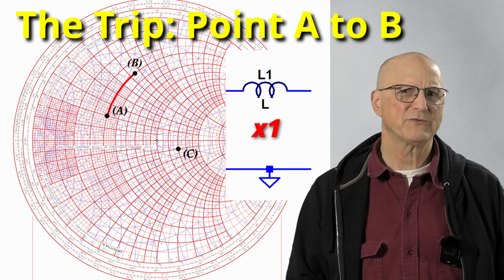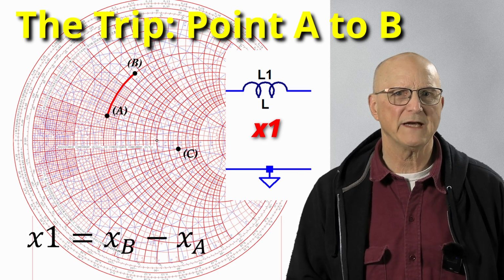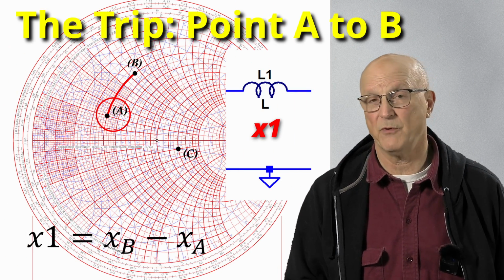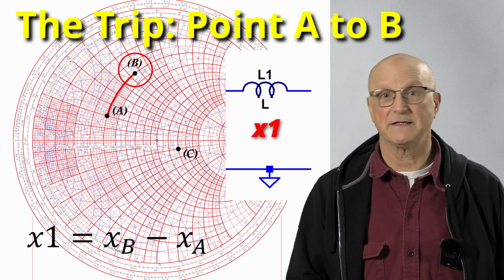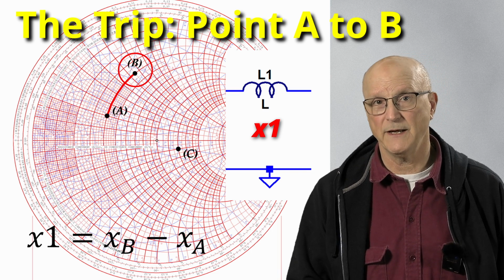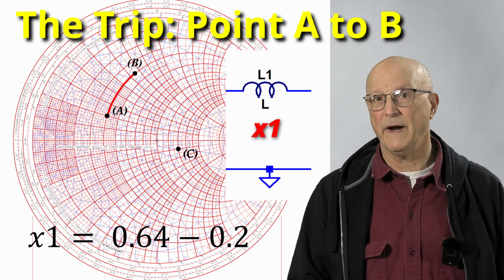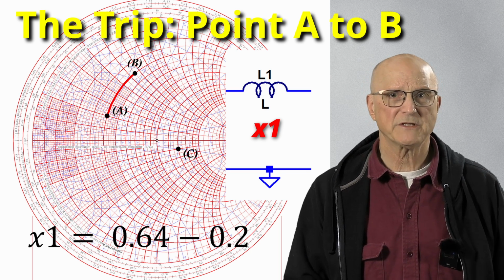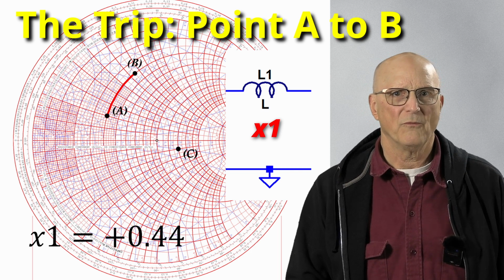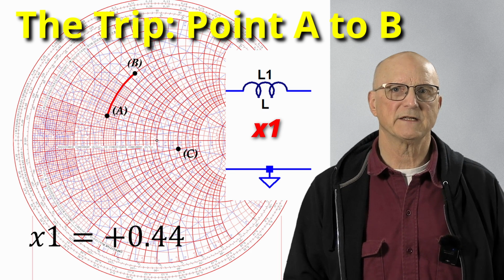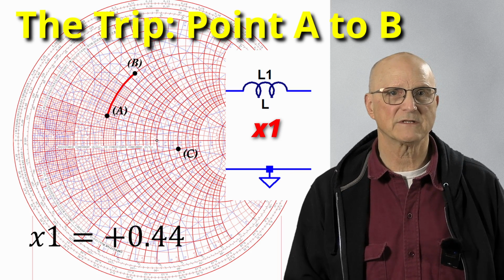The normalized reactance value of this inductor is found by subtracting the normalized reactance value at the start, which is point A, from the normalized reactance value at the destination, which is point B. This gives us 0.64 minus 0.2, which is equal to plus 0.44. So we have an inductor whose normalized inductive reactance is 0.44 at the target frequency.